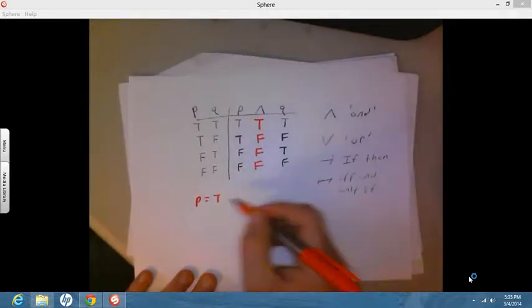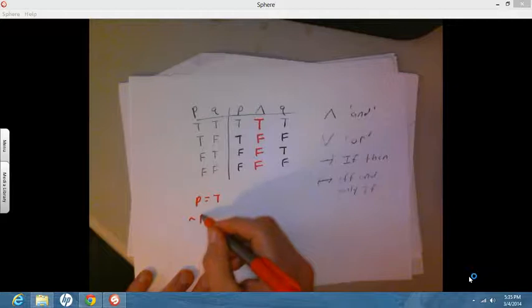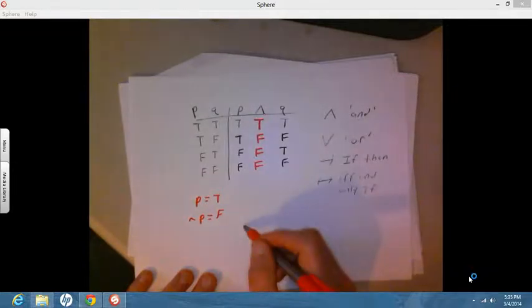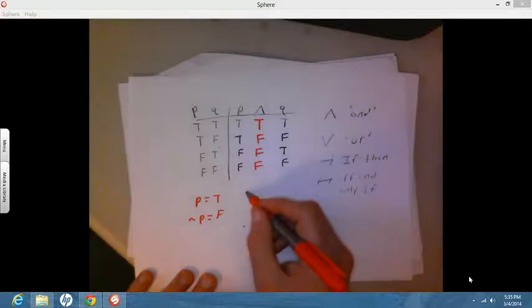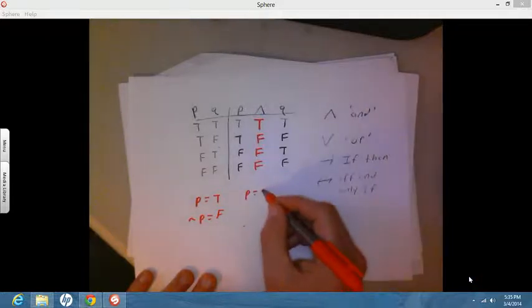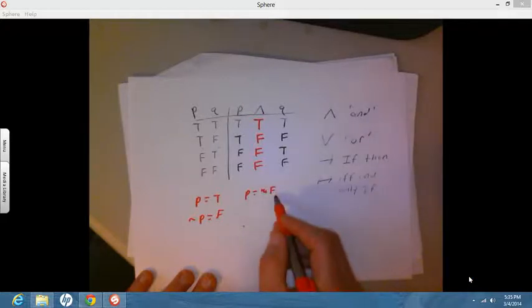It's like putting the word not. Bob went to the store. Negation of that, well, Bob didn't go to the store. Only one of them can be true. And also, if P is equal to a false value, then not P is equal to a true value.